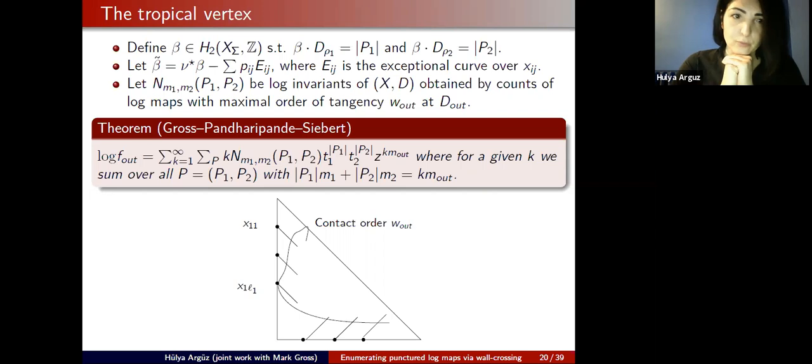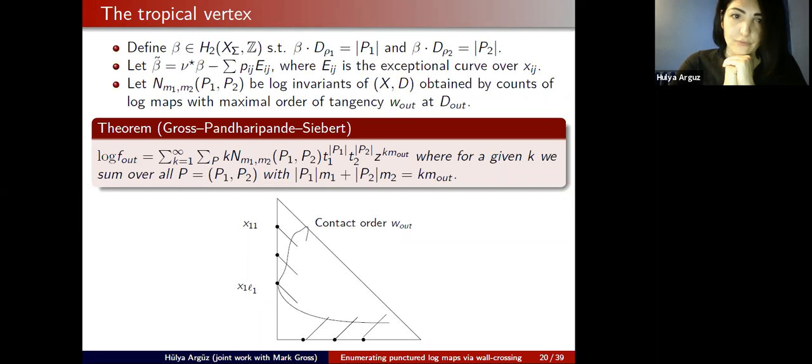If you look at such log maps, Gross-Siebert showed that the considered Kontsevich-Soibelman scattering algorithm carries an enumerative meaning, and that the walls, the attached functions to the walls you're adding to complete your initial scattering diagram to a consistent one are of a particular form.